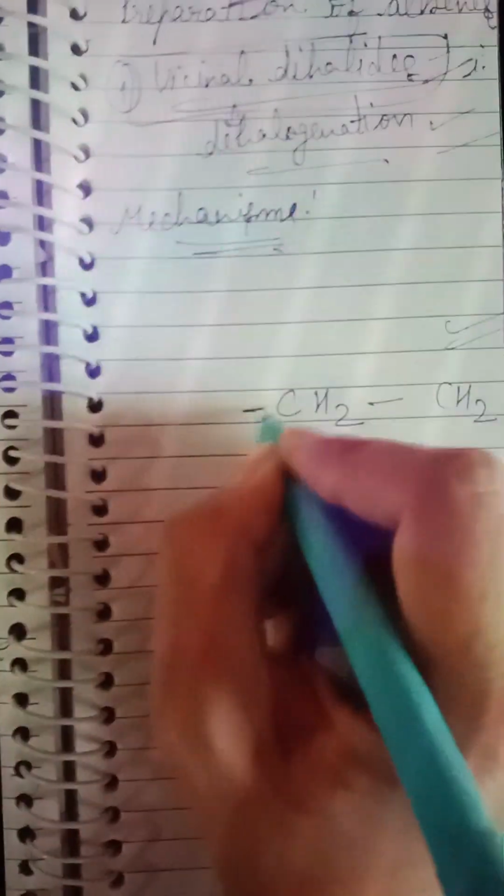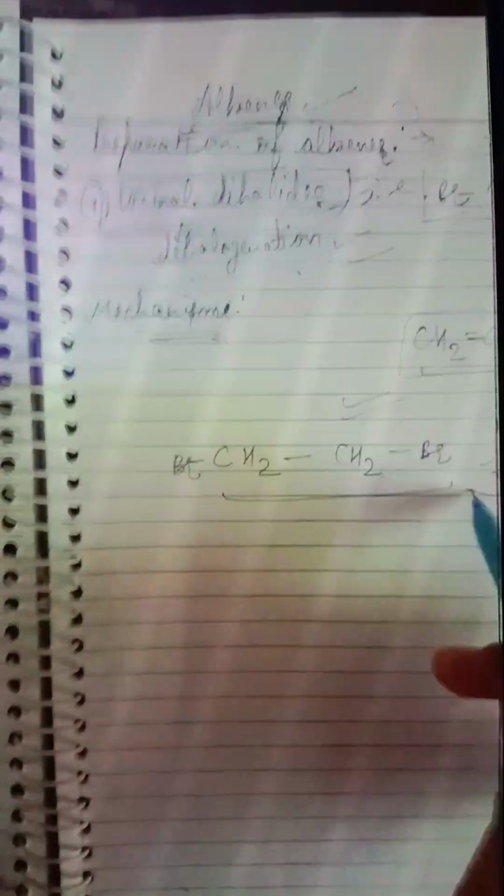So first of all, let's draw the structure of the vicinal dihalide that we have taken. This is the reactant we have taken, which is to be converted into its corresponding alkene form.